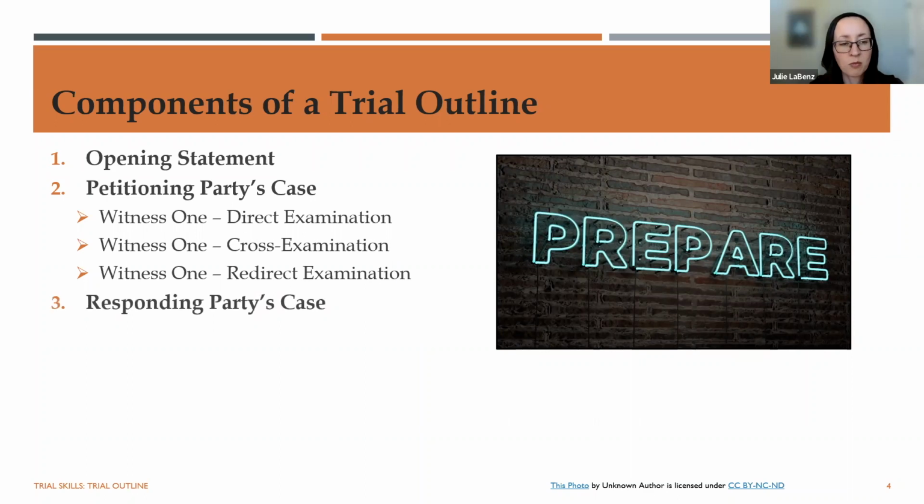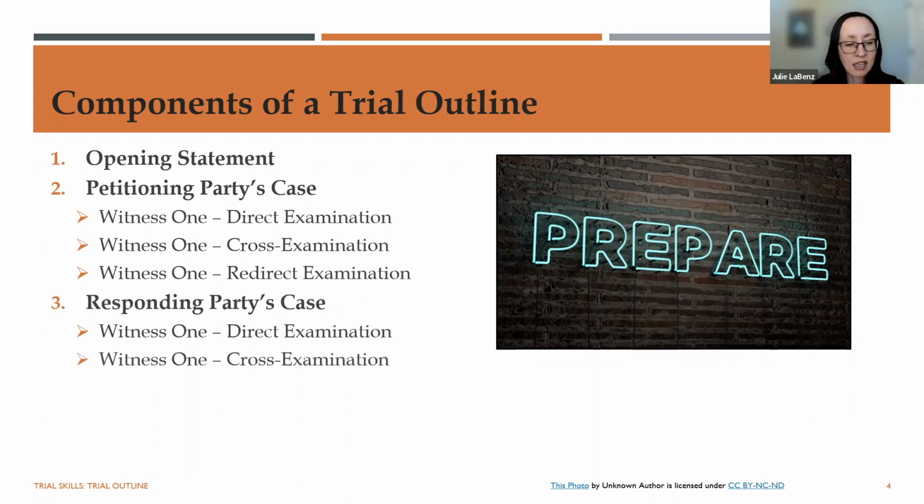Once the petitioning party is done with their case in chief, then it's the responding party's turn. So this is where the responding party would call their first witness to the stand and ask them questions on direct examination. Then once the direct examination is done, the petitioning party would ask the responding party's witness questions on cross-examination.